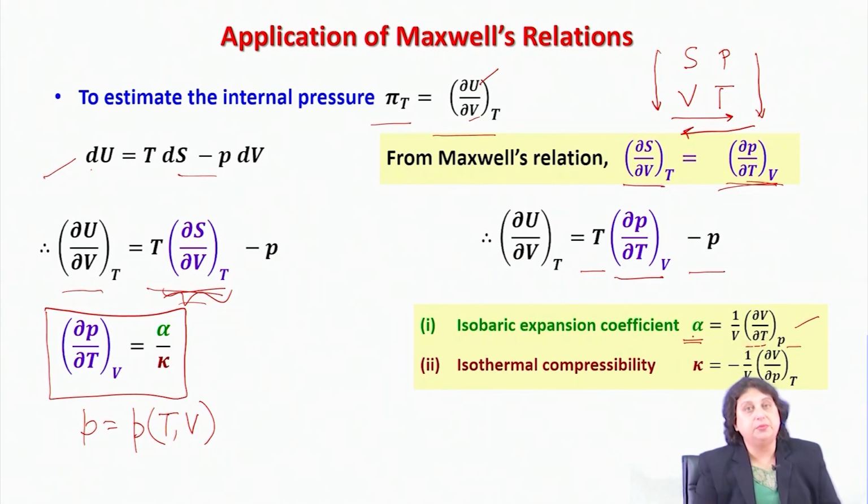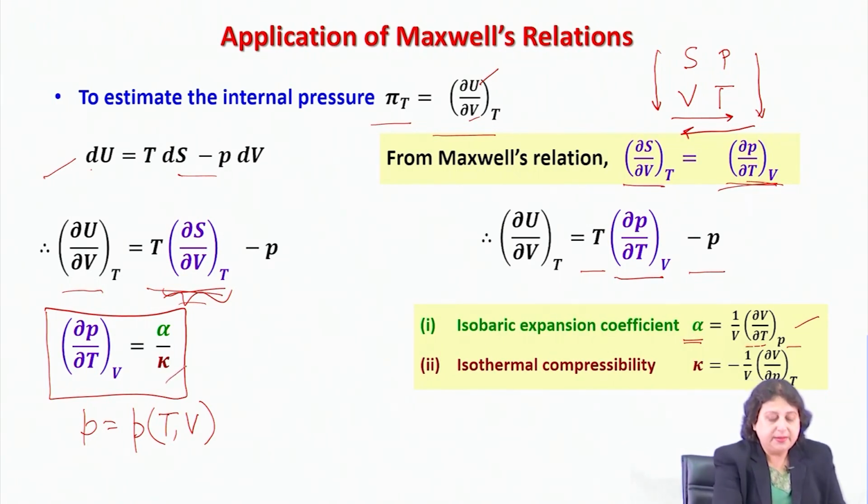So, alpha can be measured in an experiment involving pressure, volume and temperature, all of which are easily controlled and measured when you are performing this experiment in the laboratory.